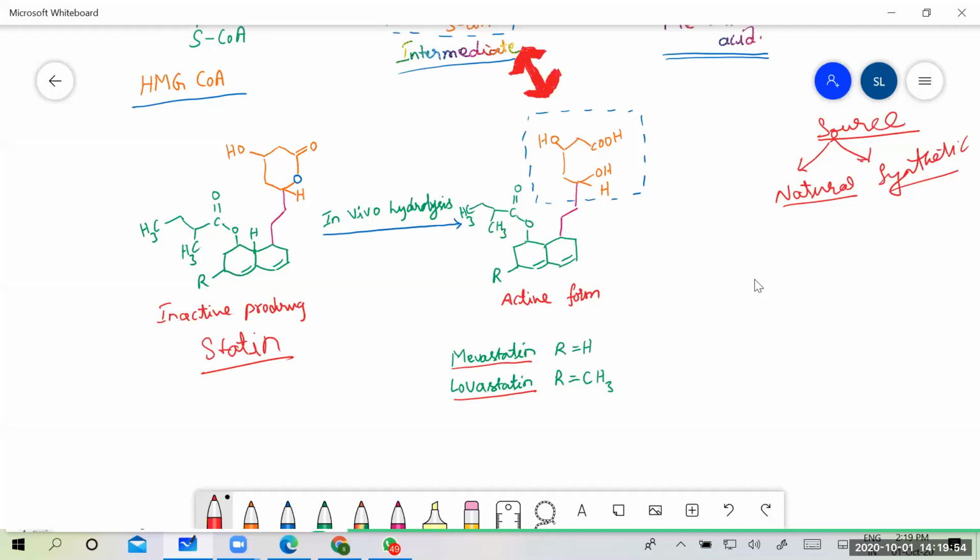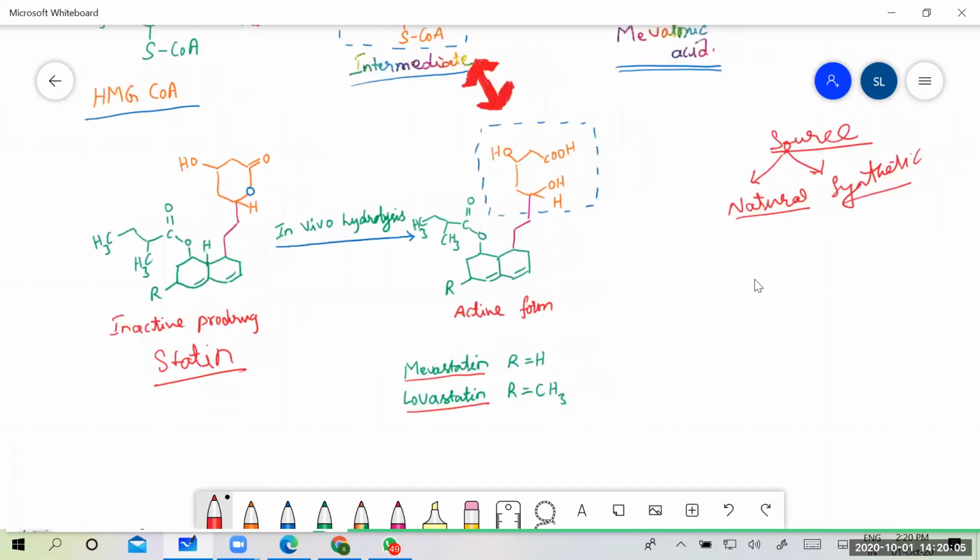Mevastatin and lovastatin are the prodrugs, which on in vivo hydrolysis lead to ring opening of this lactone ring. So this is the lactone ring, and in vivo hydrolysis, that is when it is taken into the body, it will undergo hydrolysis to give this product.